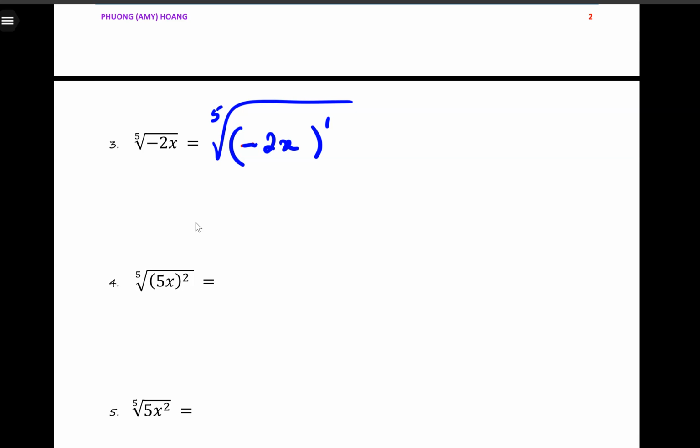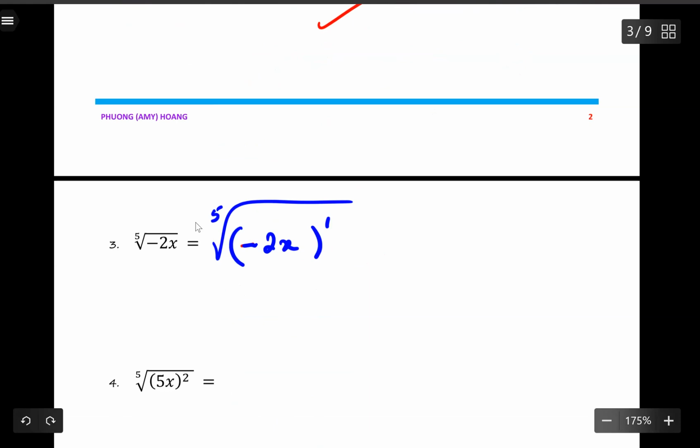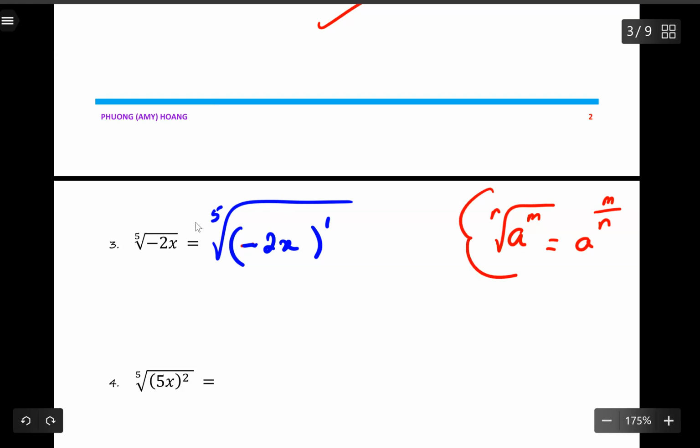Then I can use the formula I listed up here for everyone: a raised to exponent m, with index n, converts to the exponent where the numerator is m and the denominator is your index. So now I can write it as negative 2x, all of it to the exponent 1/5. Don't forget the negative 2 is underneath this 5th root as well.